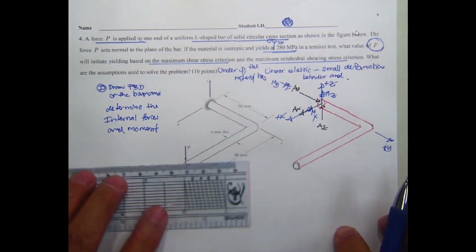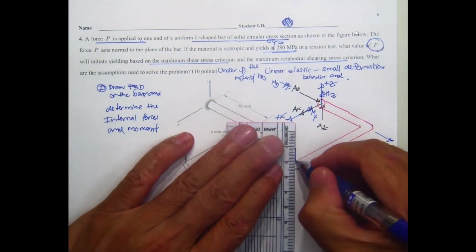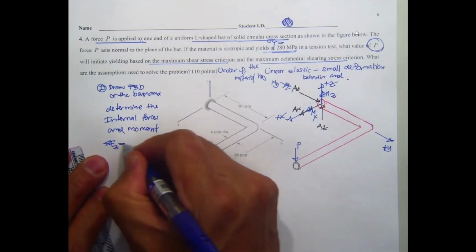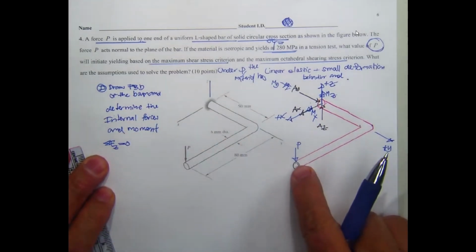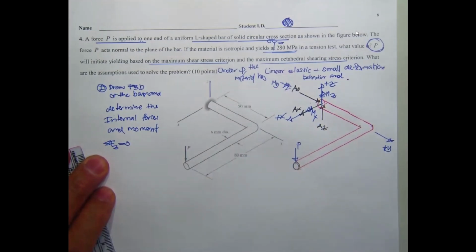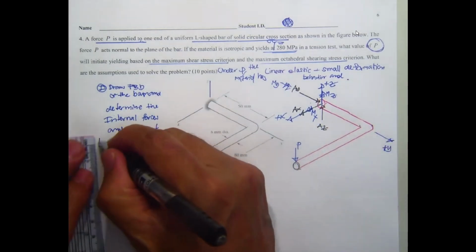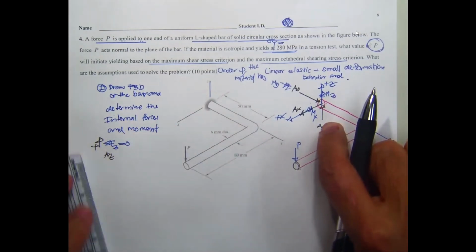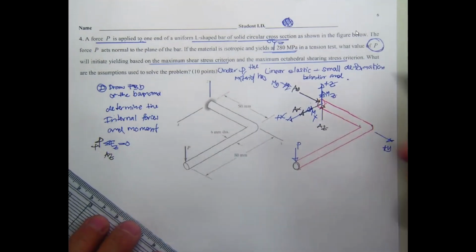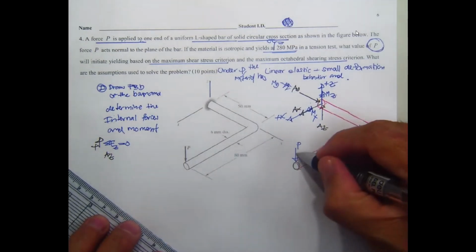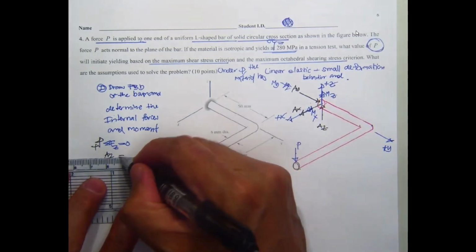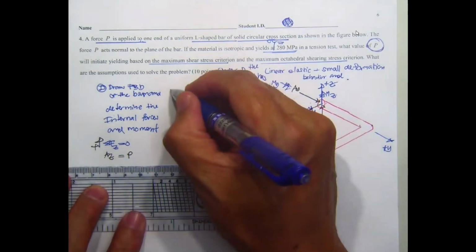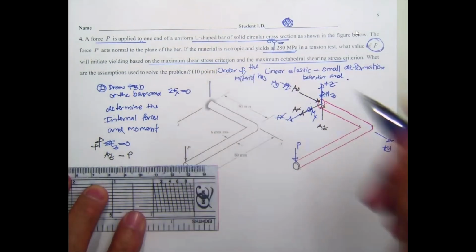And then following what we have, the force over here is P. Summation of F sub C equal to 0. Then A sub C upward, positive, A sub C will be equal to the force P. This one is opposite, equal to P. How about summation of F sub X equal to 0?